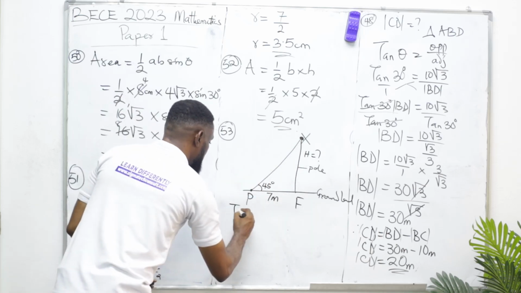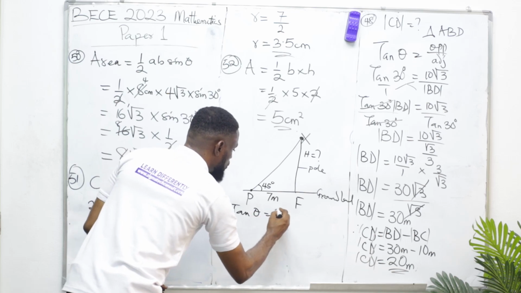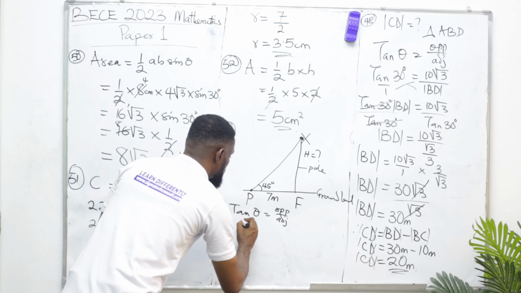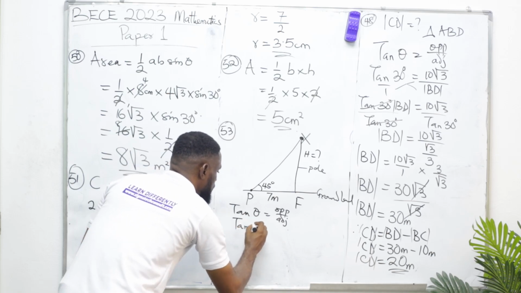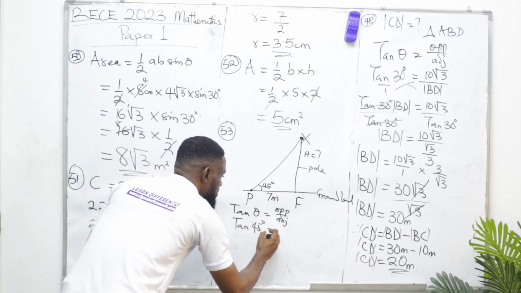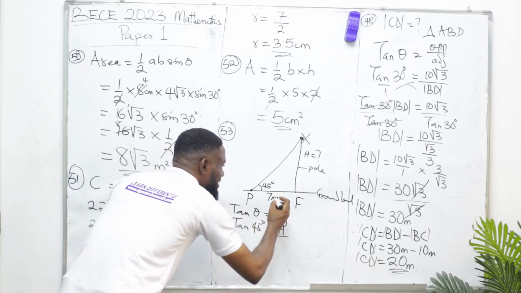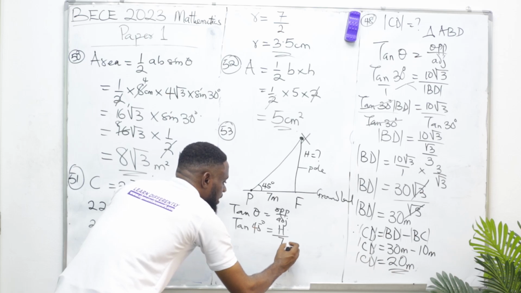So tan theta is equal to opposite all over what? Adjacent. So tan 45 degrees is equal to opposite, which is our height, right? And our adjacent is 7 meters, right?